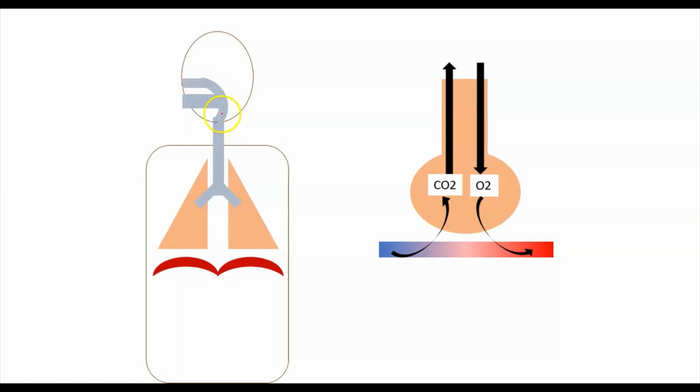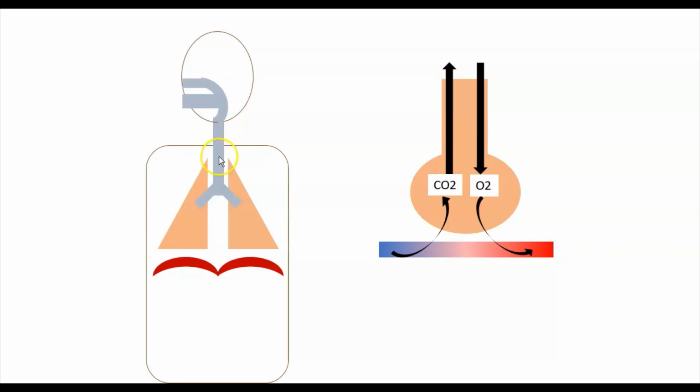Going down to the level of the pharynx, there's a much more common cause of hypoxia, that being obstructive sleep apnea, which is thought to be due to increased compliance of the pharynx and increased collapsibility leading to potential hypoxia. Further down at the level of the larynx, you can get pathologies such as laryngospasm or laryngeal edema, which will therefore cause obstruction and hypoxia as well.